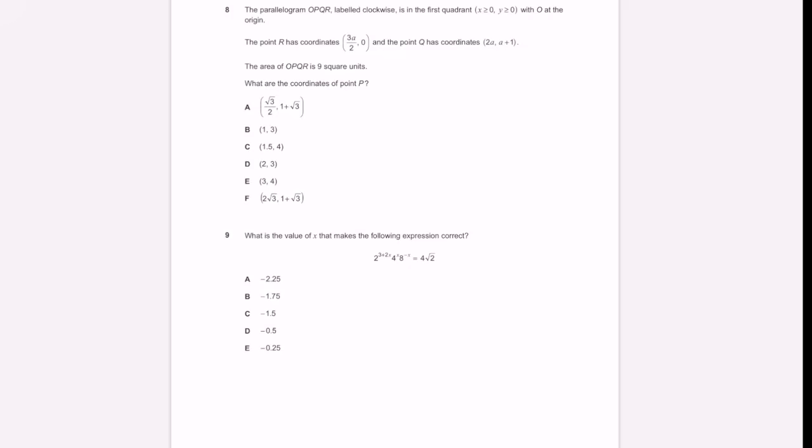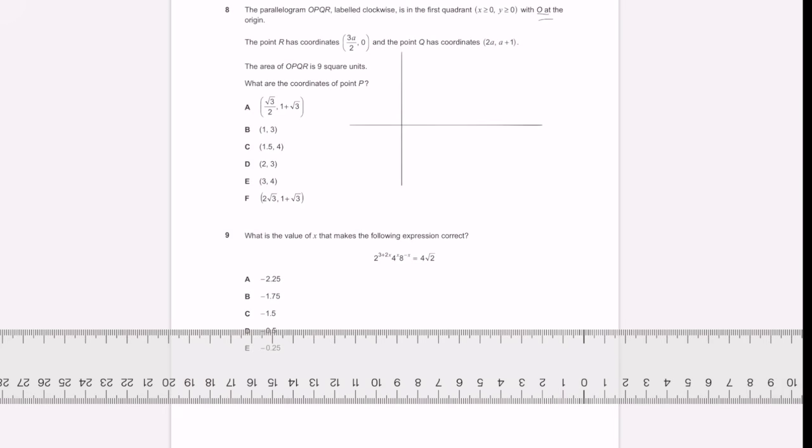Okay, so with those geometry problems, what we want to do is get a sense of what we're actually given. So the first thing we probably want to do is draw a little coordinate system. First point is O. That's quite easy to plot because that's just at the origin. The next one that we want to plot is probably R. So that's going to be at 3/2 a, so let's just say that that's around here somewhere, and it's at 0.